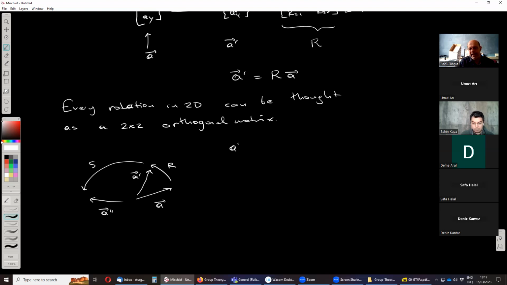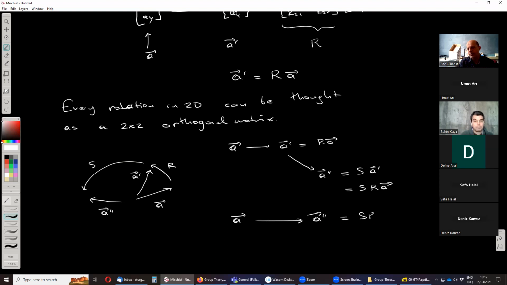A is first transformed into A prime, which is given as R times A. But A prime is transformed into A double prime, which is S times A prime. This can be expressed as SR times A. So the whole transformation from A to A double prime is given by the product of S and R multiplied with A. Right? Here R is the first rotation.